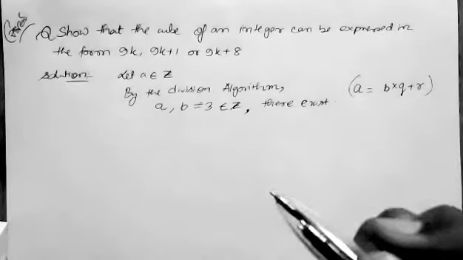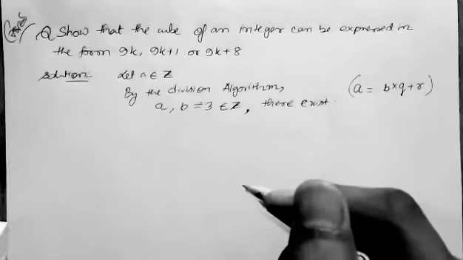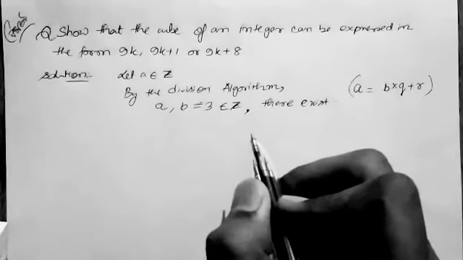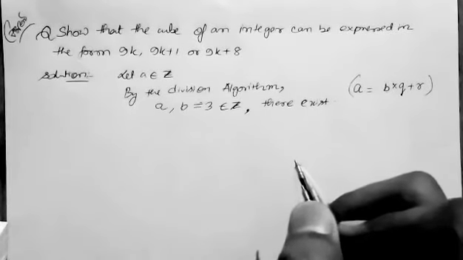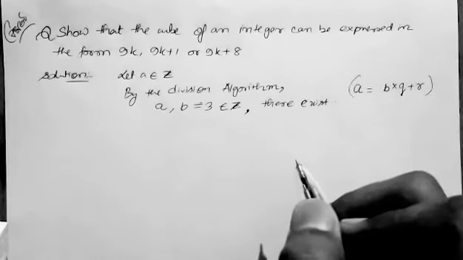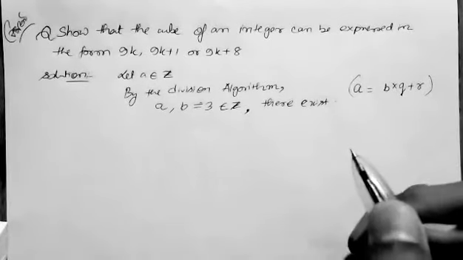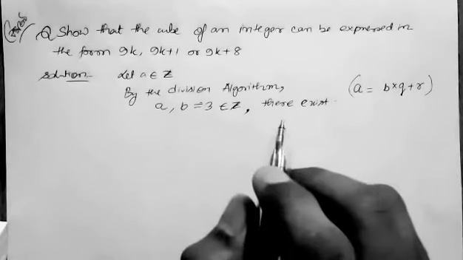Let us suppose that b is equal to 3. If you take b equal to 3 and cube it, 3 cube is equal to 27, right? And 27 can be expressed as 9 into 3. So yes, we can take the b value as 3, okay?